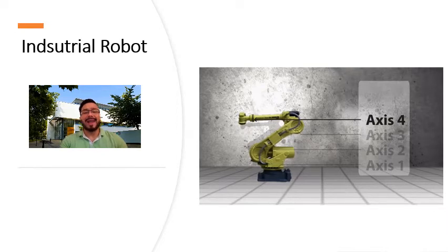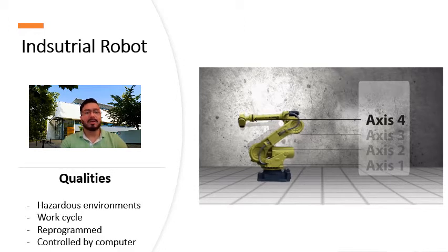Some of the qualities that make industrial robots commercially and technologically important are the following. Robots can be substituted for humans in hazardous or uncomfortable work environments. Also, a robot performs its work cycle with a consistency and repeatability that cannot be attained by humans.